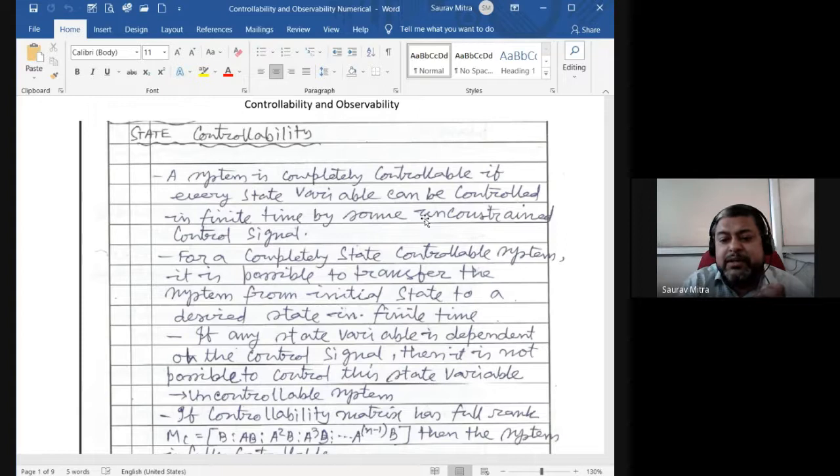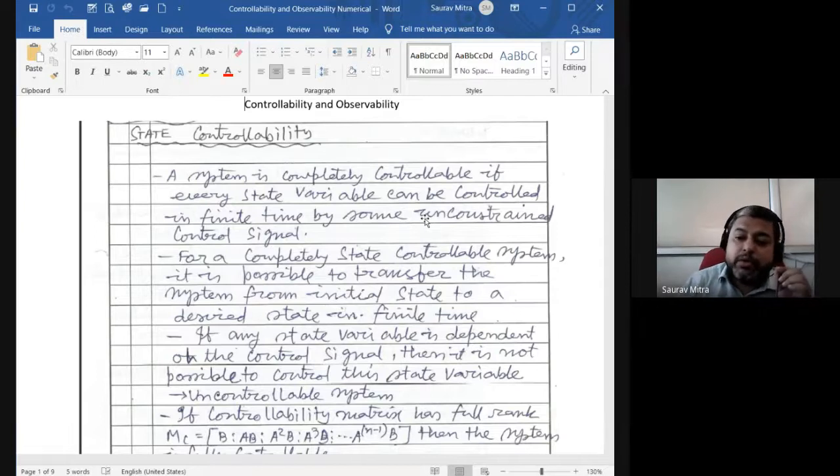So what is a numerical? A numerical is only finding the controllability matrix. If the A matrix is 3 by 3, the controllability matrix will also be 3 by 3, and likewise the observability matrix. Then check their determinants. If the determinant is non-zero, the system is controllable. MC is the controllability matrix; for MO, M stands for matrix and O for observability.